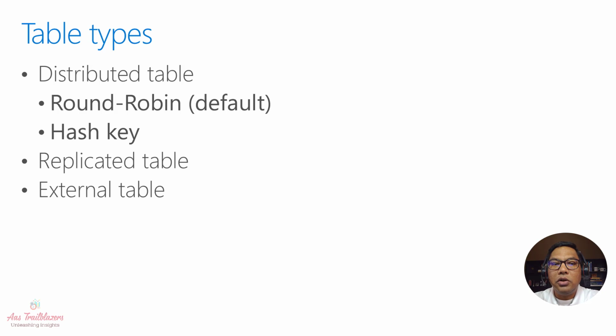There is a third one called replicated table. Replicated tables are copied to each of the compute nodes, and we will look into the details of it. And finally, the fourth type of table is the external table, which is part of the PolyBase feature, which allows you to ingest the data just by creating the external table and loading the data into an internal table via the external table.